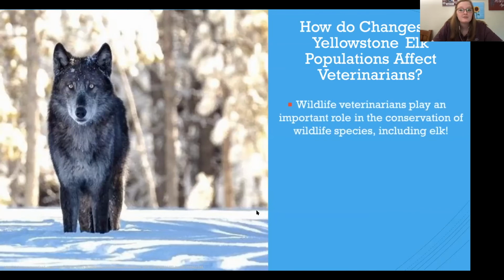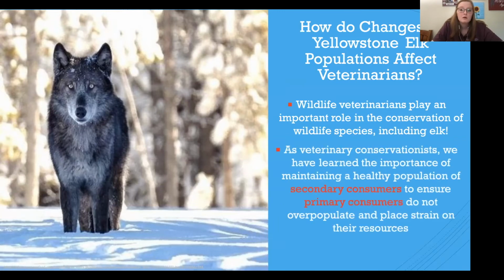I'll start us off. Wildlife veterinarians are actually really important for balancing conservation of wildlife species, including the population level of elk. So that brings veterinarians and conservation together. Again, going back to that one health concept we talked about, how we're all interrelated, the environment, people health, animal health.